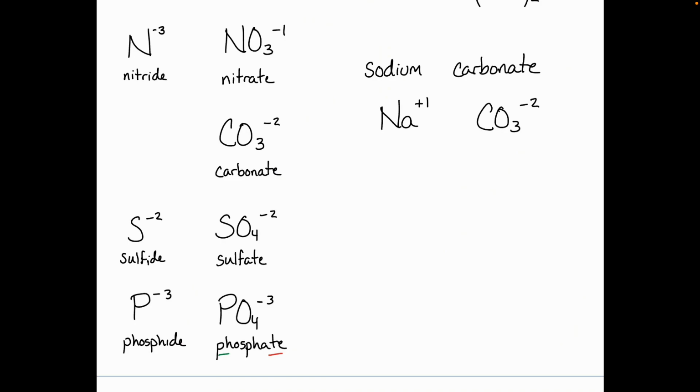All right, so we have our ions. We're going to do our swap. So Na, got to bring down the 2. CO3, in this case it's just a 1. And then we would reduce. In this case, there's nothing to reduce here.